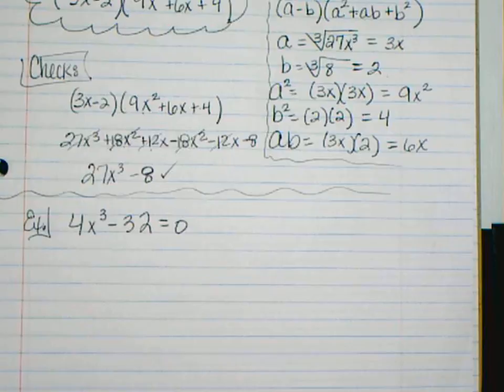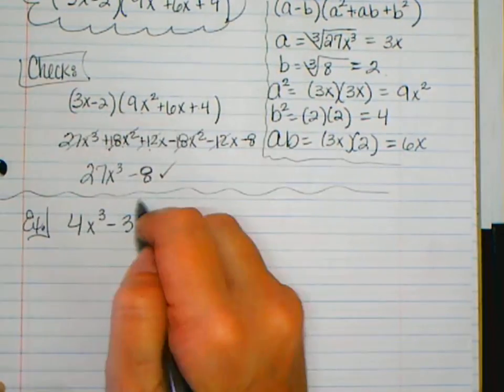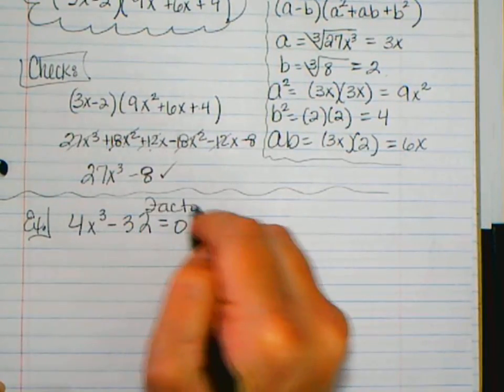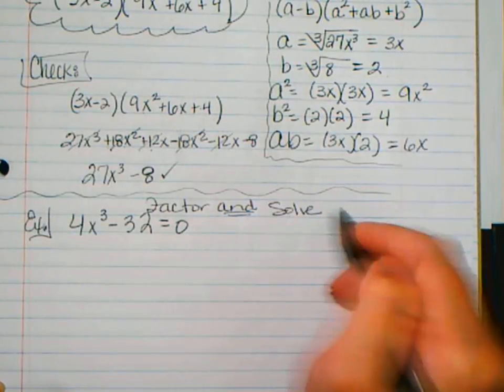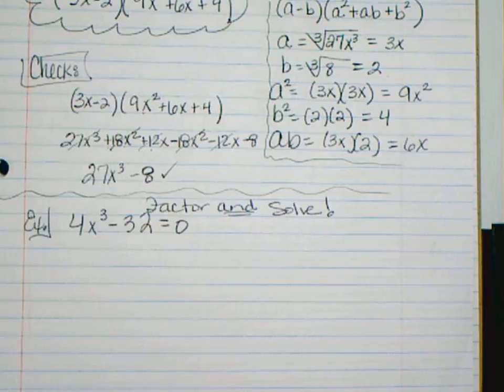Minus 32 equals 0. Oh, I forgot to write factor and solve. How many solutions are we looking for? 3 solutions. 3 degrees means 3 solutions.